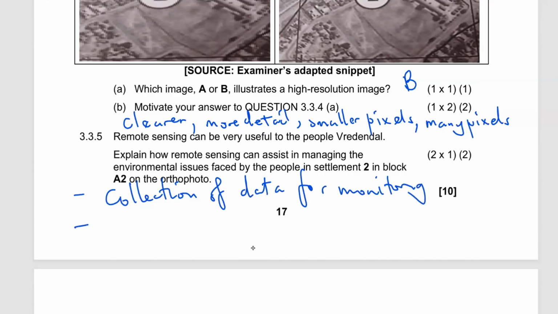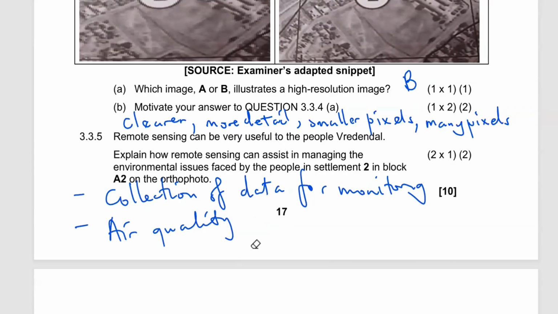You can use remote sensing to collect data for monitoring the situation, or you can use remote sensing for air quality monitoring, rather, so that we can implement control measures.